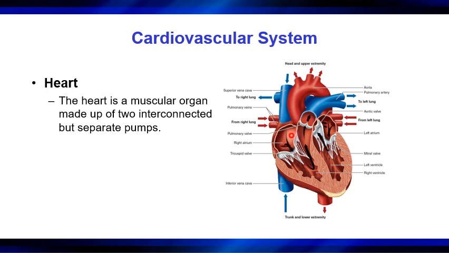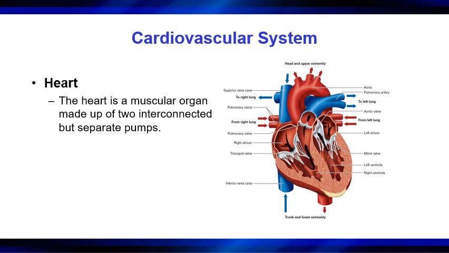Blood starts in the right atrium and gets pumped into the right ventricle. From the right ventricle, it goes to the pulmonary artery. Now here's an interesting point, just an aside. When we look at the circulation in the body, we talk about arteries and veins.